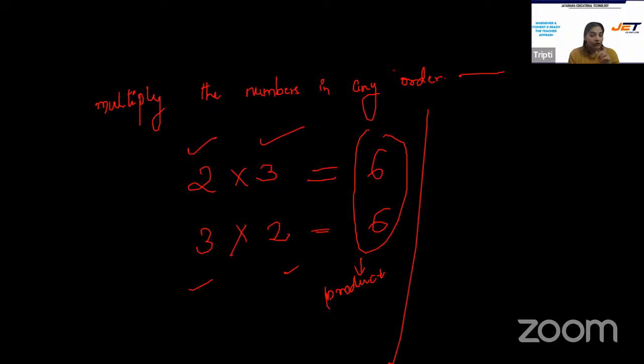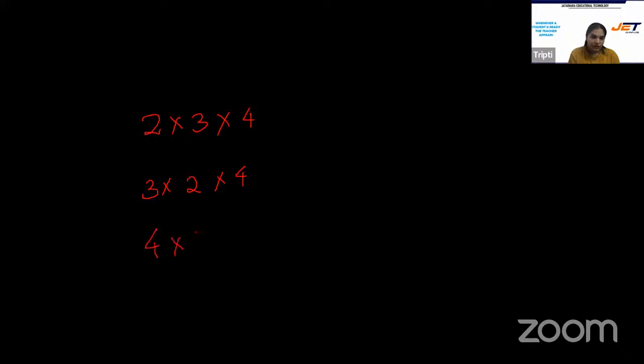Product. Okay, one thing I want to tell you here, it's not only about 2 digits. If it's 2 times 3 times 4, 3 times 2 times 4, 4 times 2 times 3.